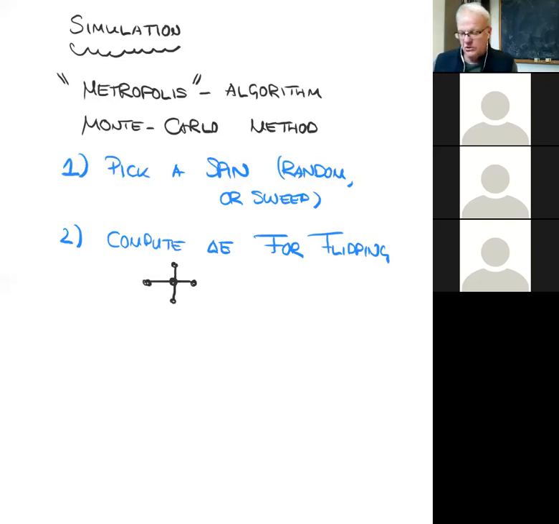So if you flip the spin in the middle, you only change these 4 terms in the Hamiltonian. That's the only thing you have to recompute. Even in 3 dimensions, the number of neighbors is only 6. So no matter what your lattice looks like, this is a very, very simple calculation, because you're only changing a very small number of terms in the Hamiltonian. So you compute the delta E for flipping the spin.